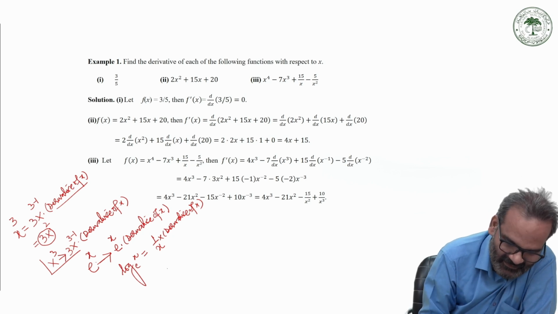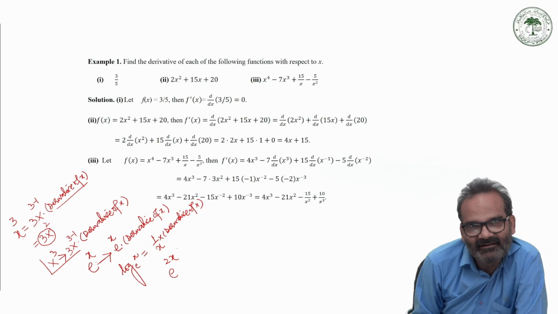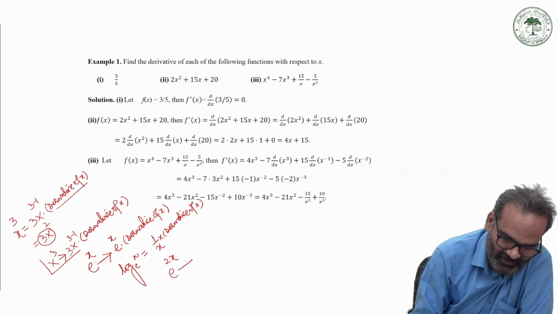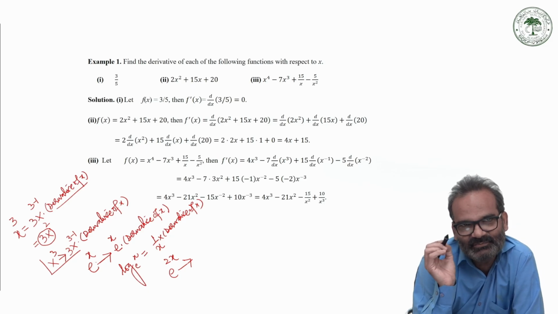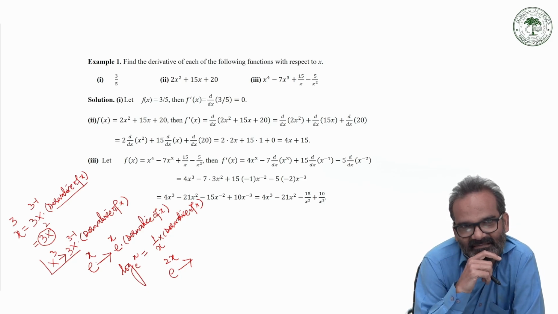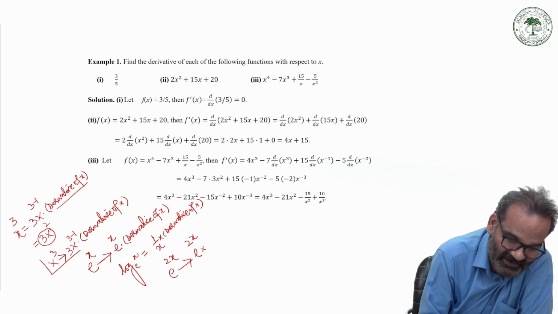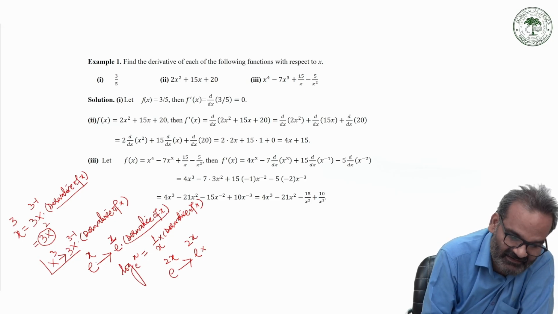For example, if I take e raised to the power 2x and we want to find its derivative, look here: by the formula, the derivative of e raised to the power x remains the same. So use here e raised to the power 2x, its derivative will remain e raised to the power 2x into the derivative of x.